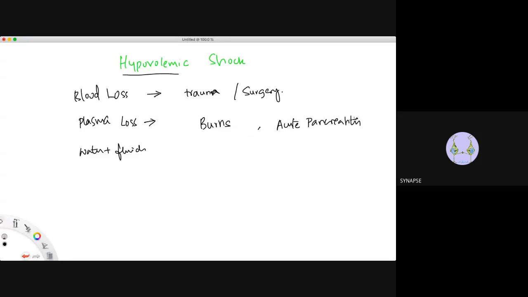That is nothing but sequestration of fluid or third space fluid loss. Next, water plus fluids. This happens in case of vomiting and diarrhea. If there is severe vomiting, diarrhea, you're going to lose both electrolytes, that is sodium, potassium, as well as water. So these are the causes of hypovolemic shock.